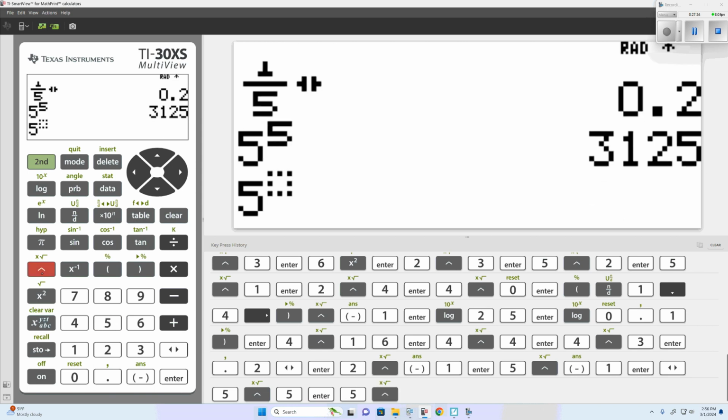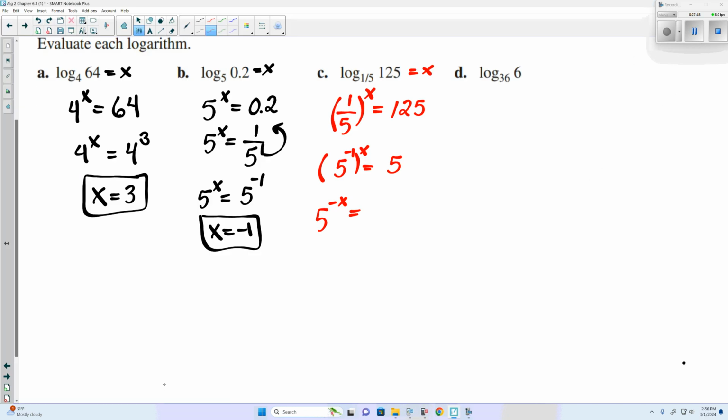So it's not 5 to the 5th, so let's try again. What's another guess? 3. Okay. So what does that tell us? Negative x is equal to 3.